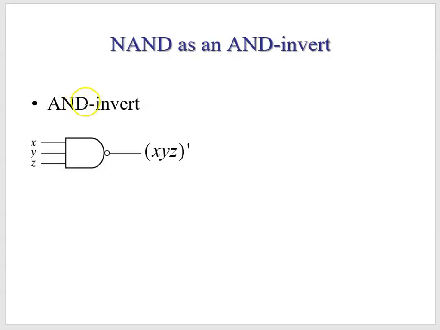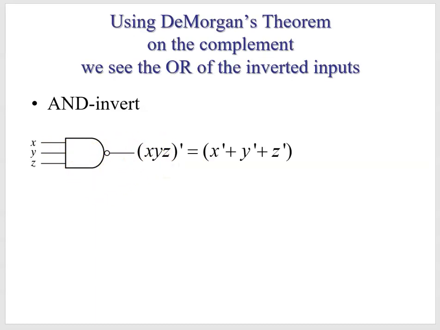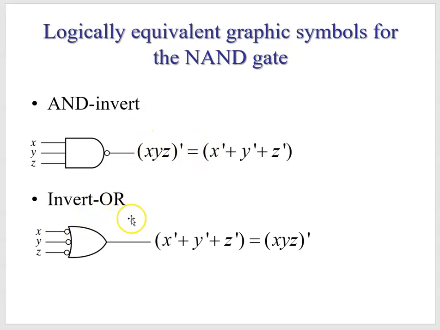So basically our NAND, that's the AND invert. No matter how many inputs we have going into the NAND gate, we take the AND of them and then we invert the output. Well, if we use our De Morgan's theorem on that, it's the OR of the inversions. So the AND invert is the equivalent of our invert OR.